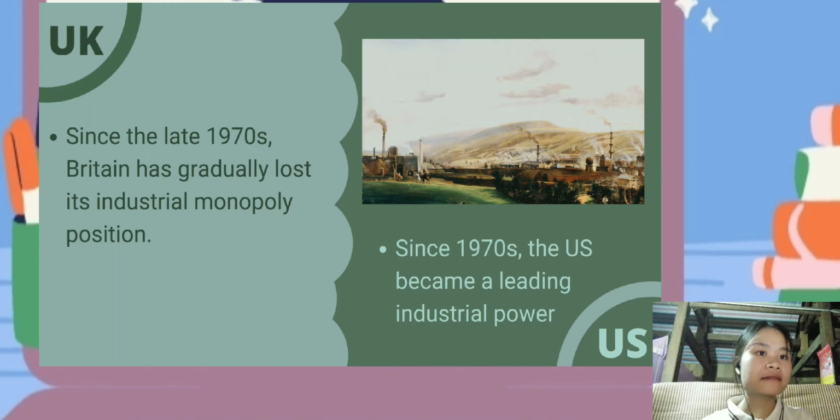Along with that, in the 70s, Britain was still a superpower, but due to the rapid development and great competition of emerging superpowers like the United States and Russia and European nations, Britain lost its monopoly position in industry.